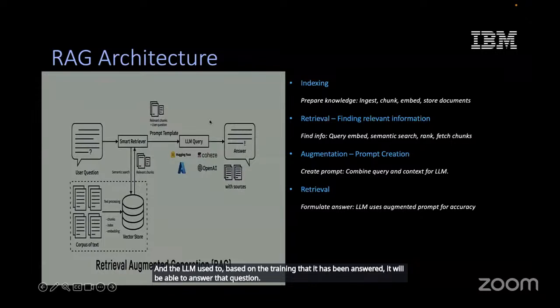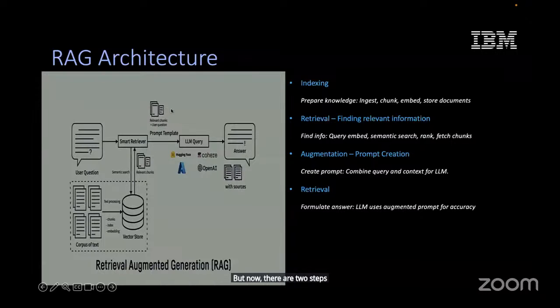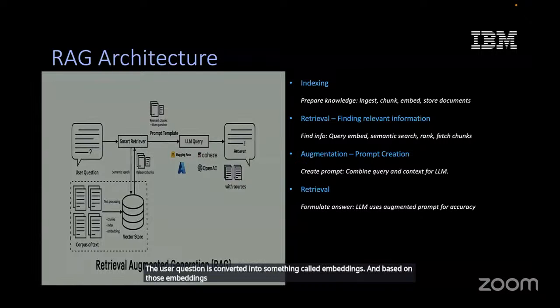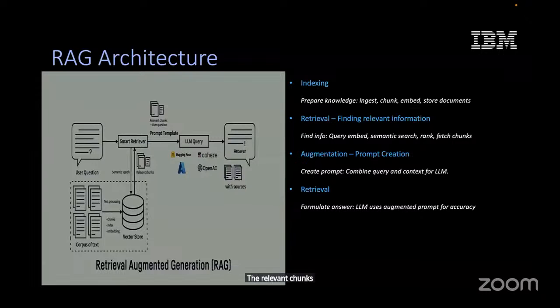But now there are 2 steps that have been added, where in the first step, the user question is converted into something called embeddings. And based on those embeddings, we perform the semantic search. Semantic search is nothing but getting the underlying meaning of that question, searching in the database based on that, and extracting the relevant chunks of information that can be associated with the user's question.